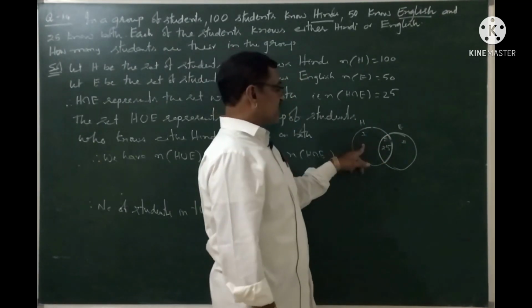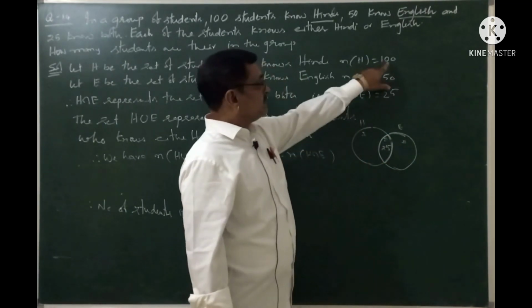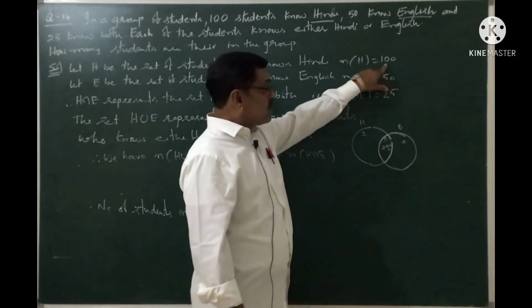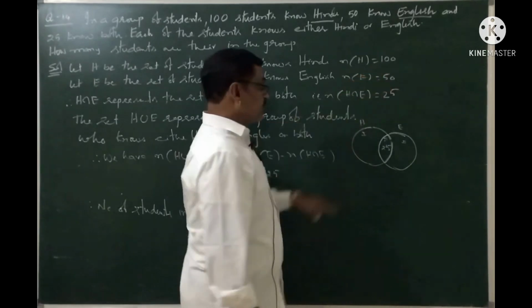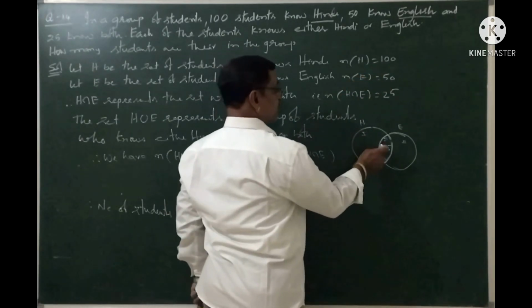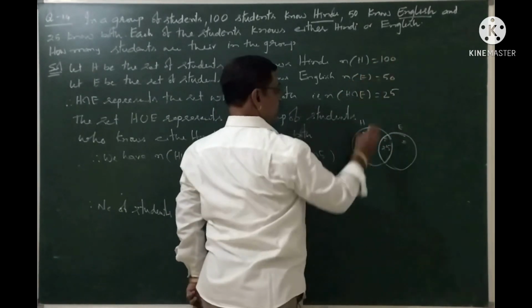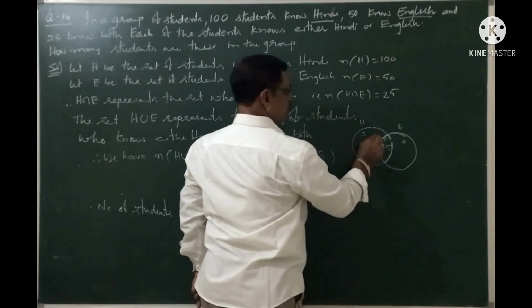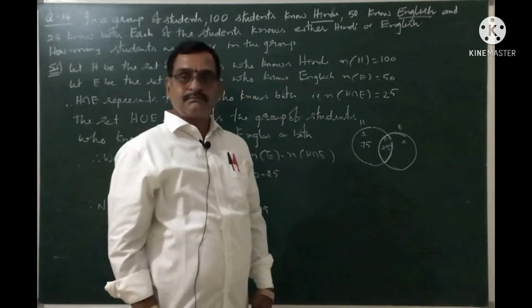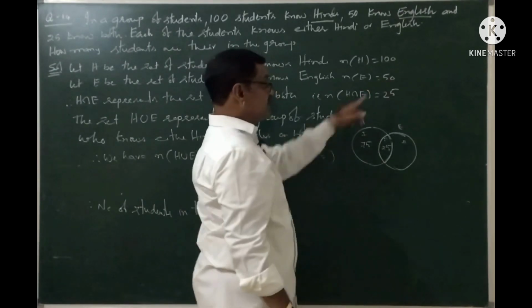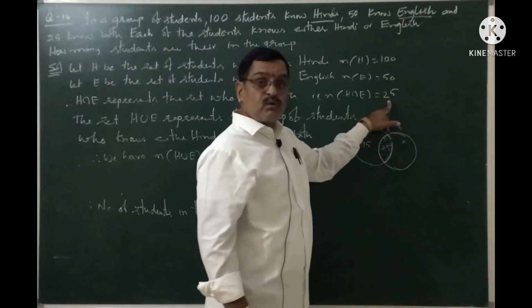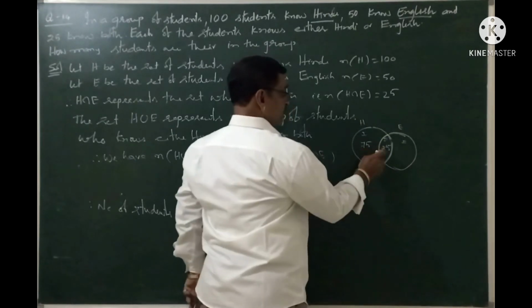Next, come to Hindi. Hindi is given as 100. Among 100, this 25 is also included. Therefore, to fill the first part, I need to subtract 25 from 100, so it is 75. Next, come to English. English, we have 50. In this 50, 25 is also included, so 25 is gone.